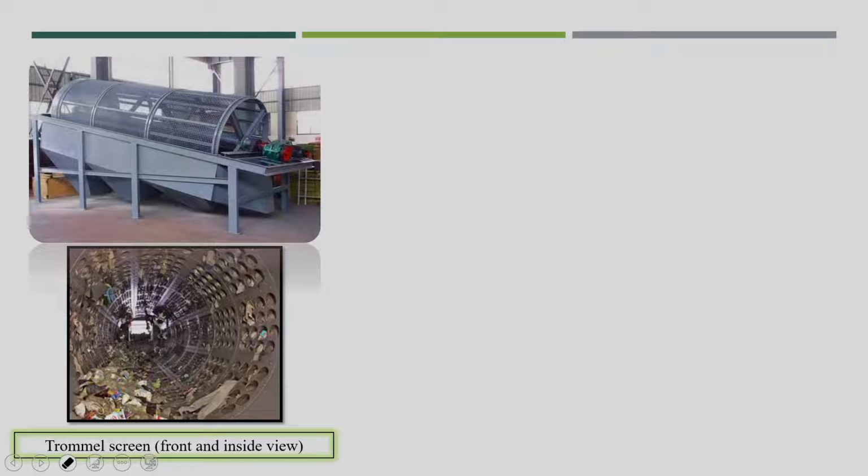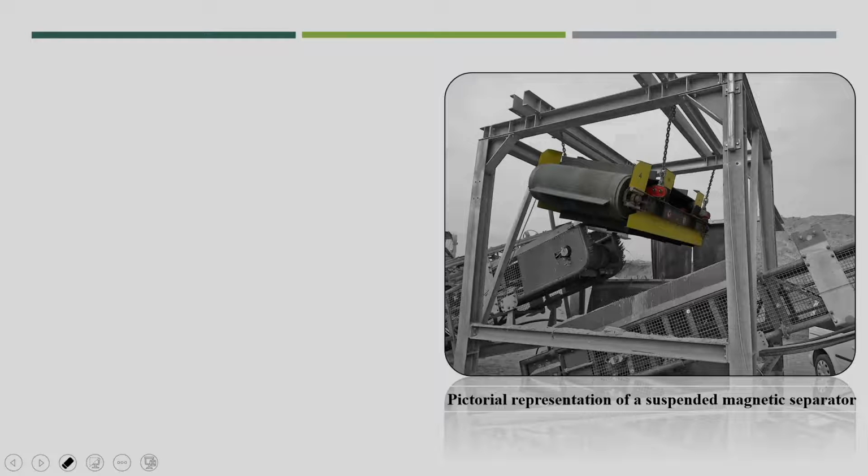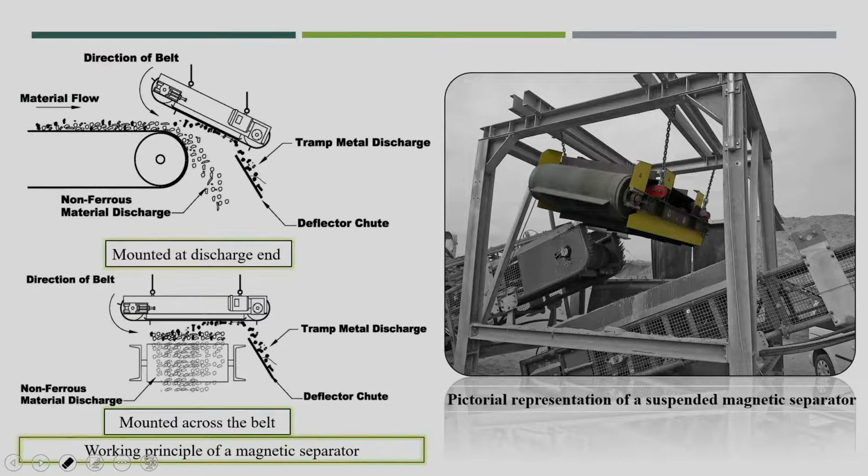These are a few machines or equipment we normally use to separate out different sizes of particles, like this trommel. This is another trommel screen. This is a magnetic separator, and here is another magnetic separator. From that, the magnetic particles get separated from the main waste.